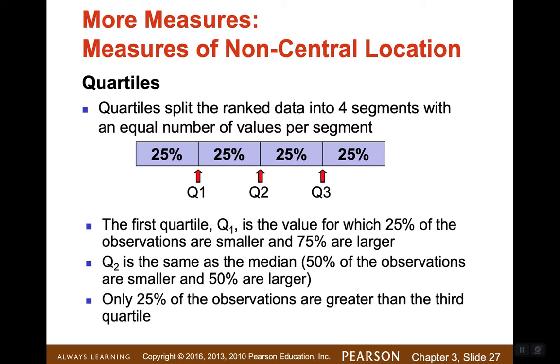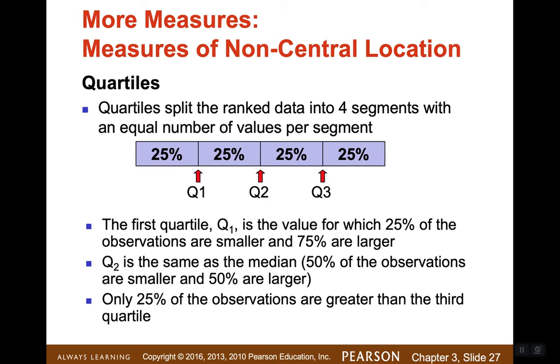Once again, our starting point is we sort our data high to low, and we divide it into 4 segments with an equal number of values per segment. So 25, 25, 25, 25. And then we have 3 marks: quartile 1, quartile 2, quartile 3.